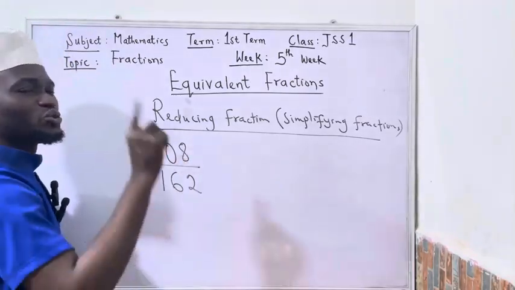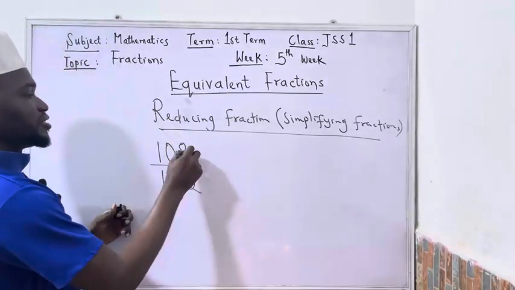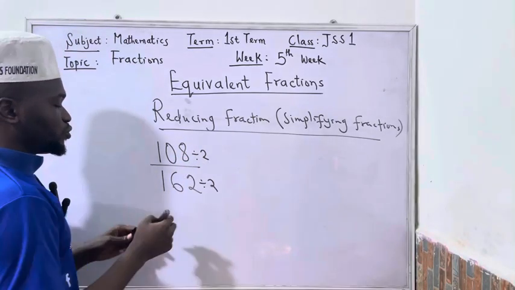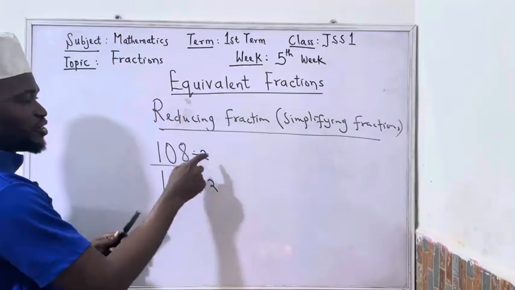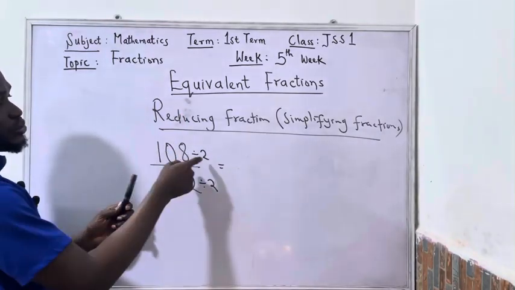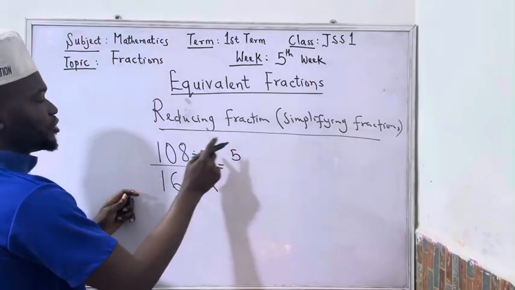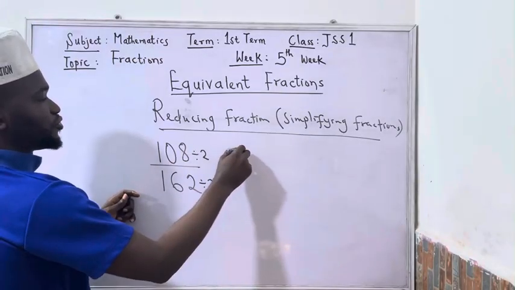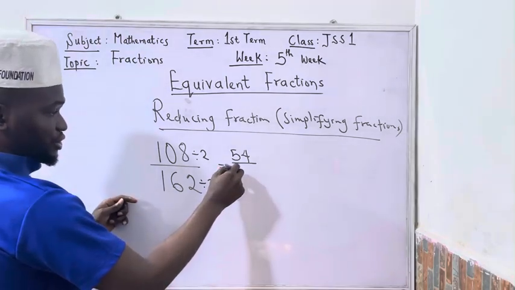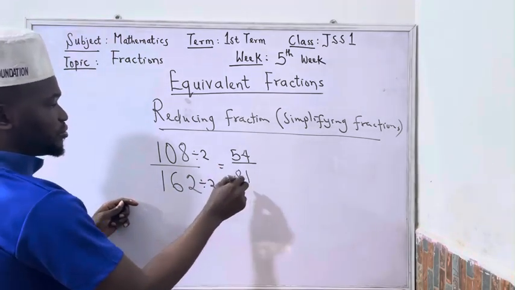Then 2 will work. So start with that 2. Divide this by 2. Divide this by 2. 108 divided by 2: 2 in 10 gives 5, 2 in 8 gives 4, and 2 in 16 gives 8, and 2 in 2 gives 1.